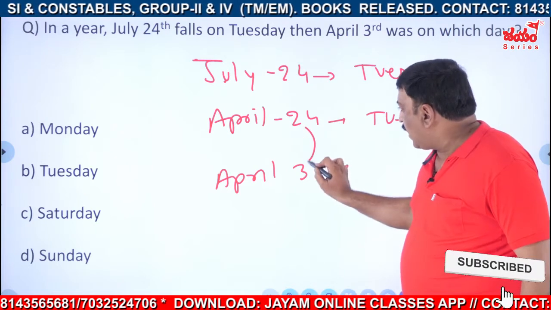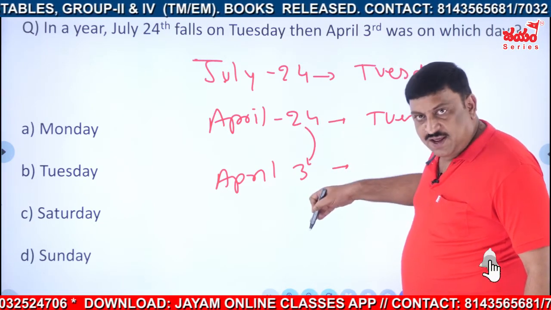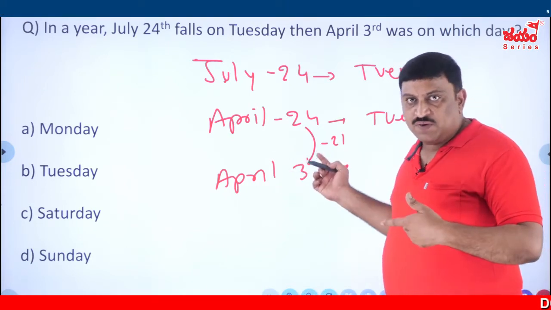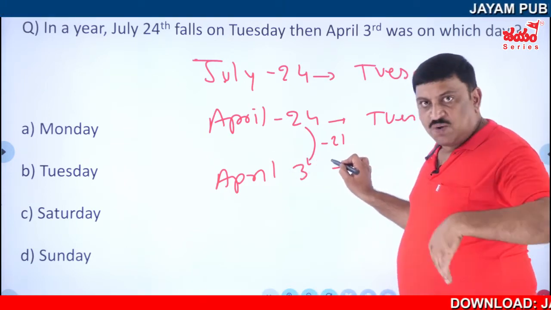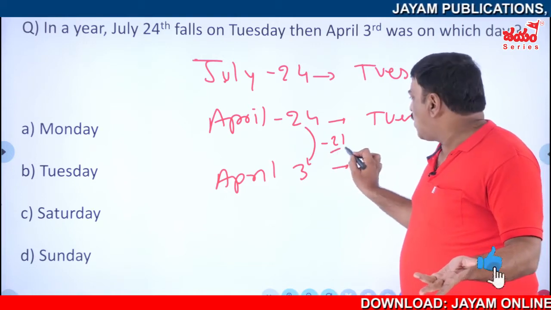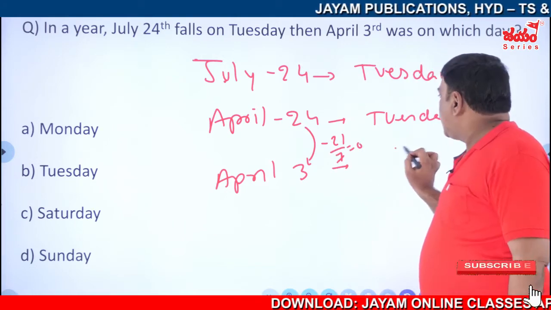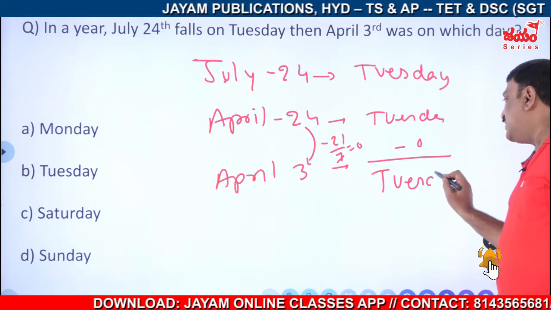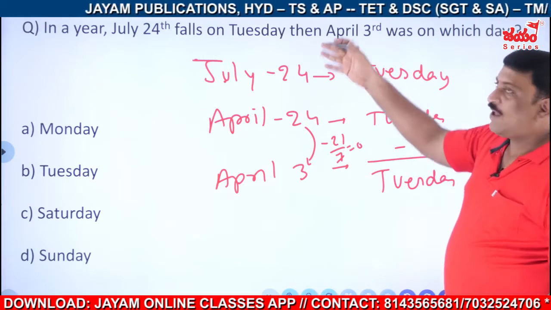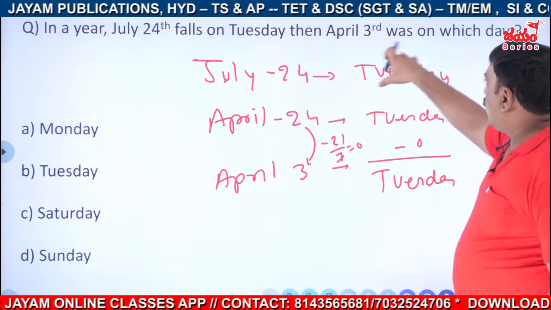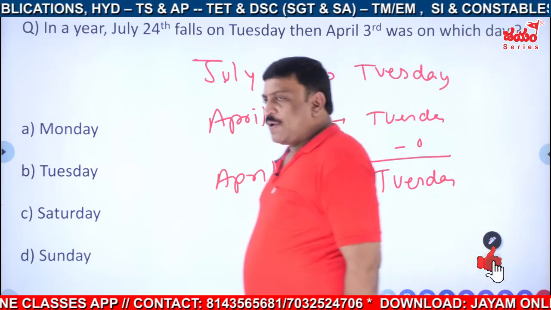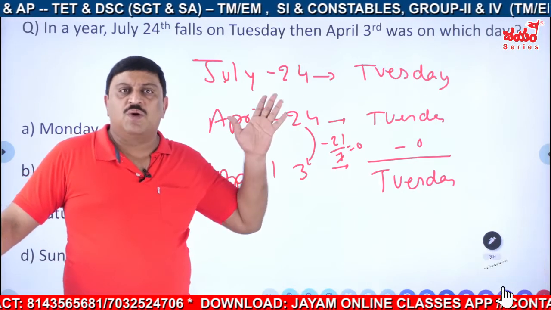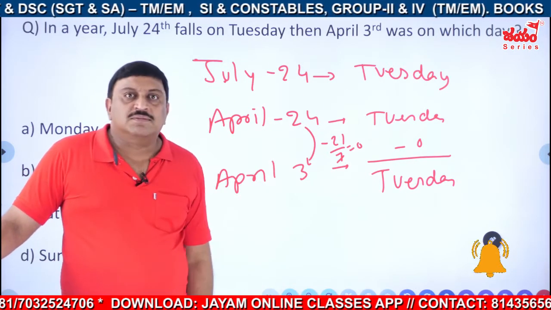How many days back? 24 minus 3 is 21. 21 odd days you have to remove. 21 days is nothing but 0 odd days. That means Tuesday minus 0, again it is Tuesday. Just by having a glance at the question, July and April both resemble the same, and the difference between them is 0 odd days. Hence, the same day will come.